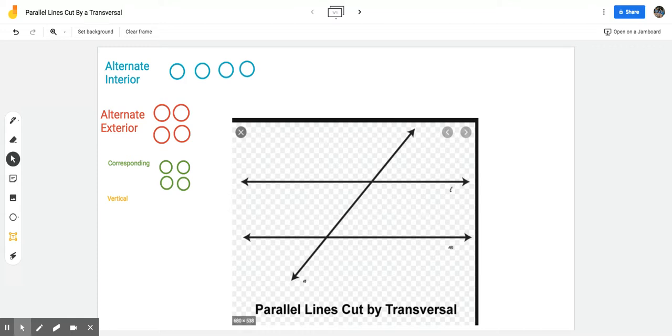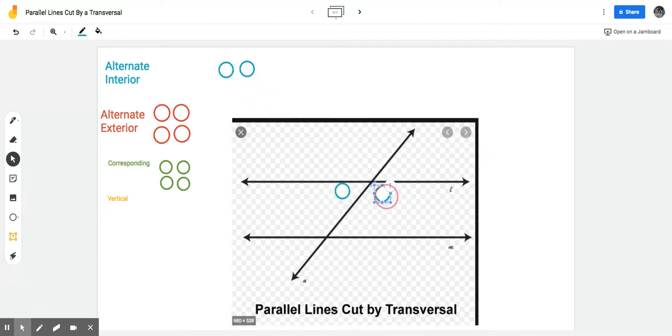And so let's look at alternate interior angles. And so I can look here, and I'm just going to drag these over here to kind of show you. So interior just means like inside, like the interior of your car. So on the inside of the parallel lines, we have this angle, and alternate means opposite.